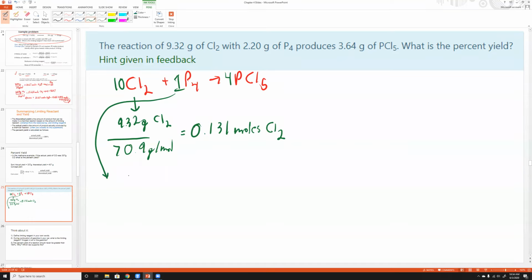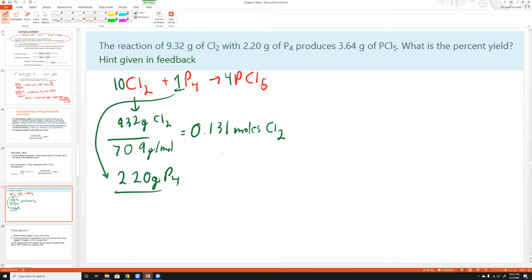Now let's look at phosphorus. So phosphorus is P4. So we have, according to the equation, 2.20 grams of P4. Phosphorus, the molar mass is 30.974 times 4, because the P4 is a molecule. So you have 123.89.